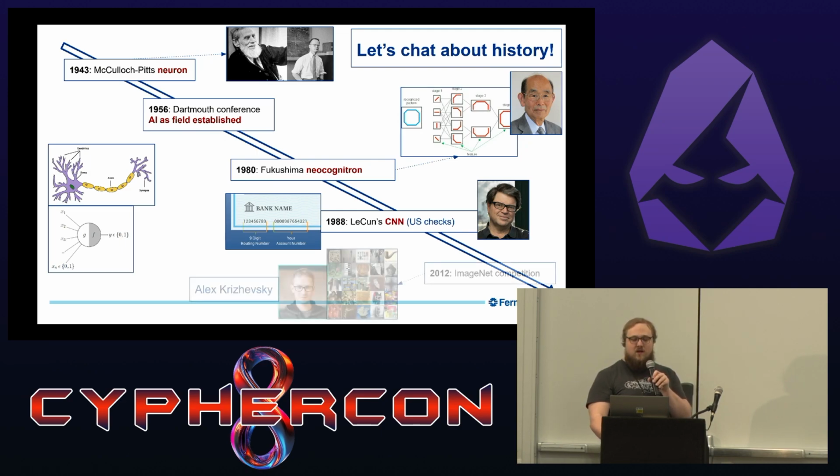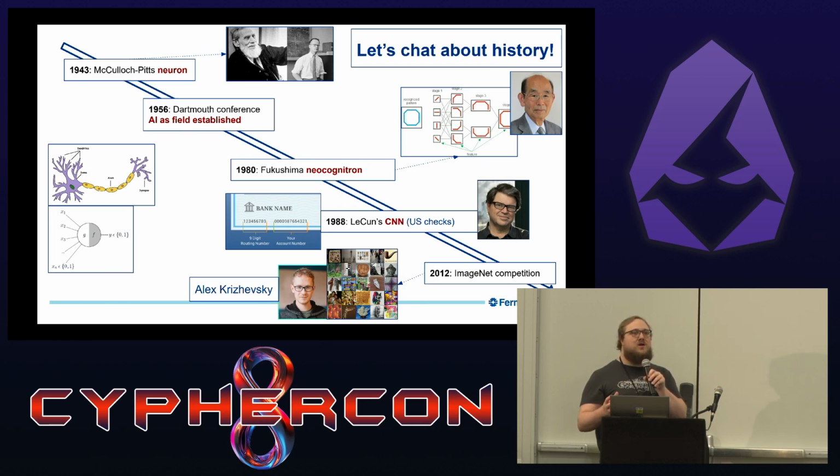And then in 2012, the start of the most modern AI boom, the ImageNet competition, where Alex Krizhevsky figured out that you could use consumer-grade GPUs to train neural networks very efficiently, and that started the most recent AI boom that we're in now.